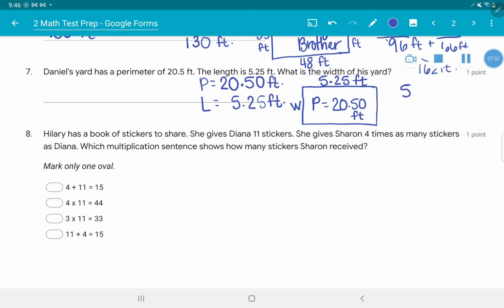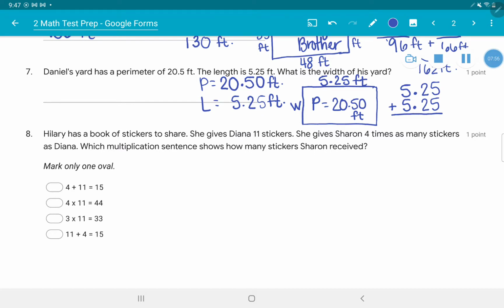So if I add 5 decimal point 25 and another 5 decimal point 25, what do you think I'm going to do when I add? How will I line my place values up? We'll put it under each other.